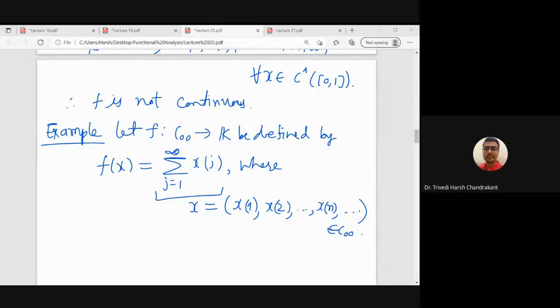Yes. So if x is an element of C00, then whether this series converges.